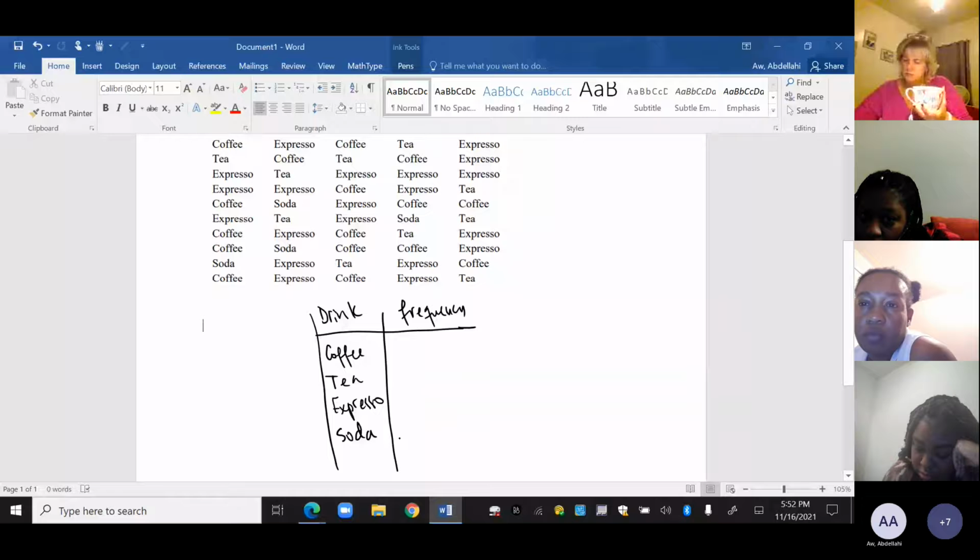For the frequency, it's just counting. It can be annoying if you have data of 1,000 items and have to count the frequencies. But other than that, with a reasonable size of data, the frequency table is just counting how many times you have each one.